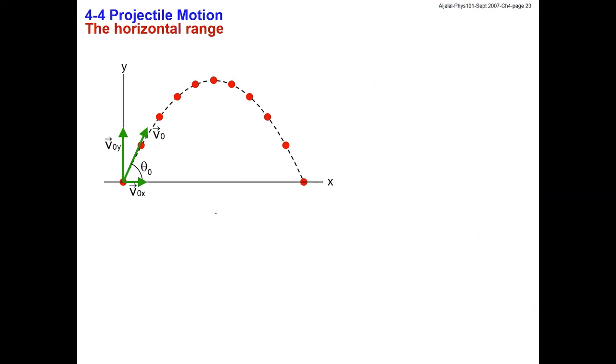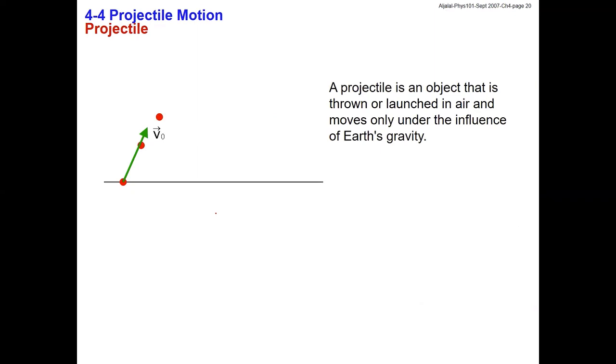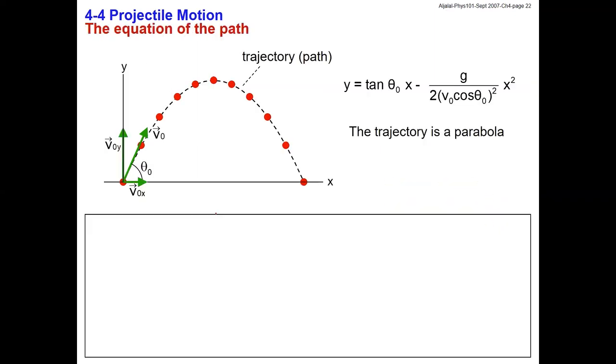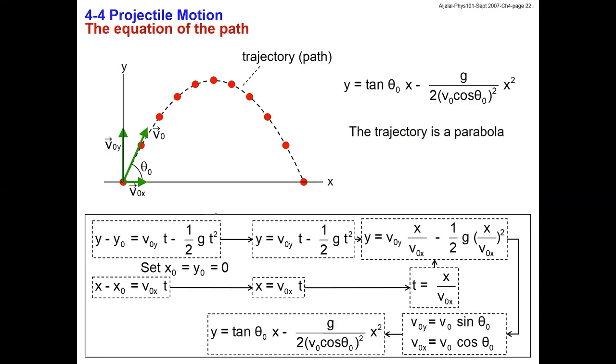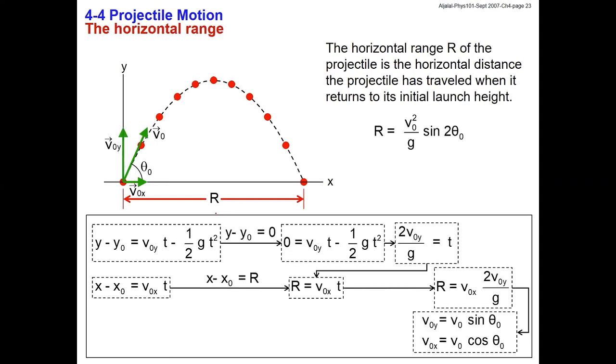But before I end, let me say this, because I noticed that in one section I did not say it. So if you remember, if I leave this launch point at t equals 0, I reach the range at t final, which is 2 times v naught y divided by g.